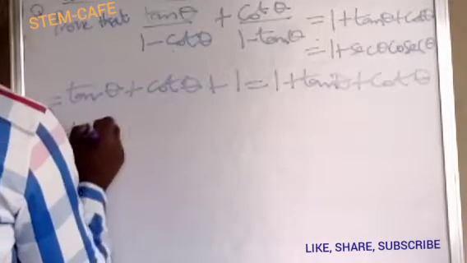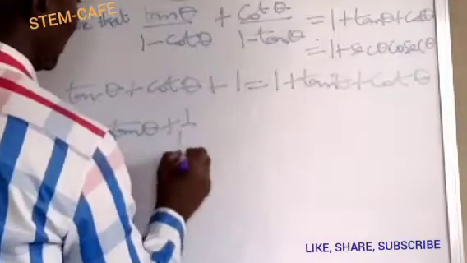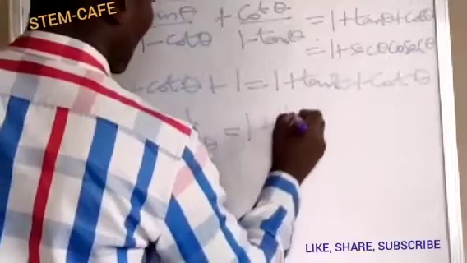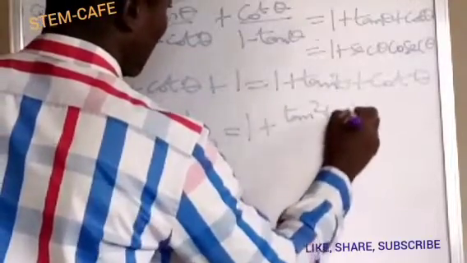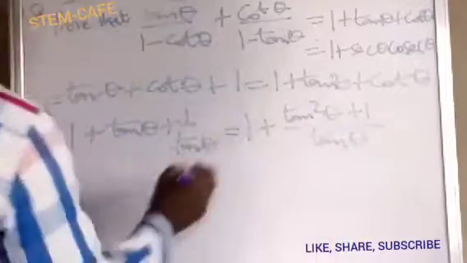So furthermore, I can still make it equal to 1 plus tan theta plus 1 over tan theta, which gives me 1 plus tan square theta plus 1 over tan theta.